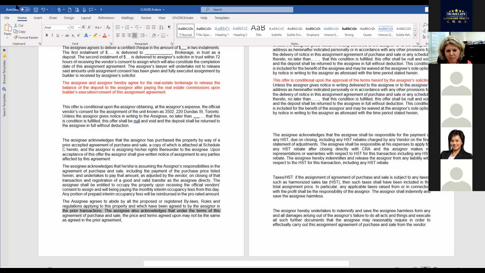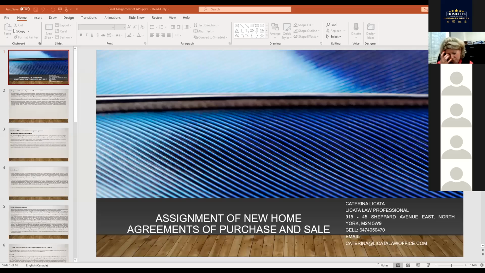I've got a question. On the screen, the first page, you have that clause regarding the balance of the deposit. If we represent an assignee, would that be a concern for the buyer, the assignee?